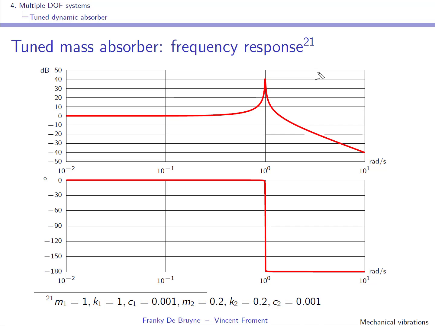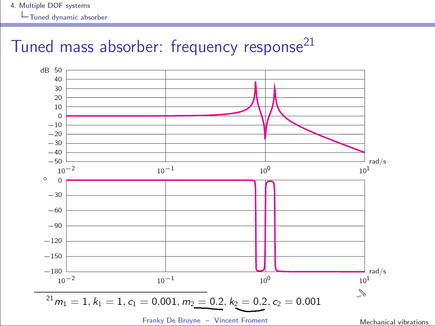We'll now look at what happens if we attach below this first mass spring system another one with a mass that is over here, and a spring stiffness of 0.2.